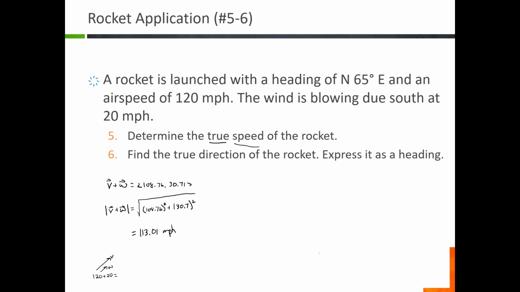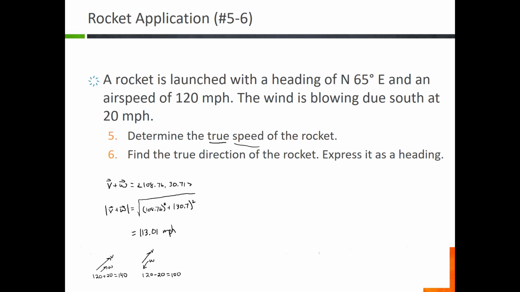So the highest speed this rocket would reach would be 140 miles per hour. If they were pointing in exact opposite directions, then the lowest speed we could possibly have would be 100 miles per hour.